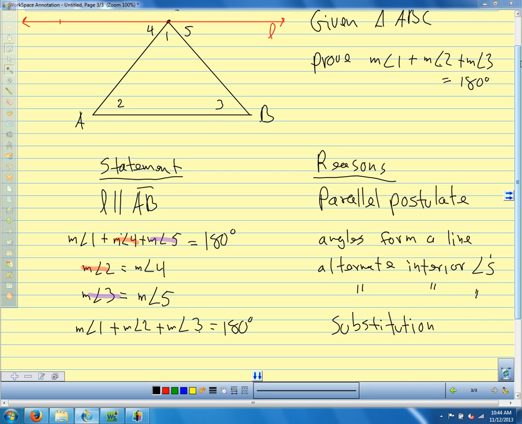So kind of interesting, huh? This thing that we've accepted for almost as long as we've been in school, now we're able to prove it. All we had to do was know about the parallel postulate. Questions on the proof? Questions on the parallel postulate?